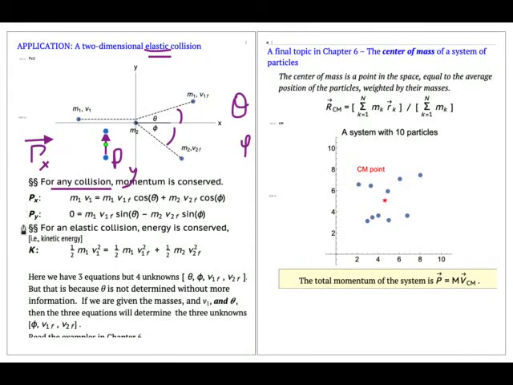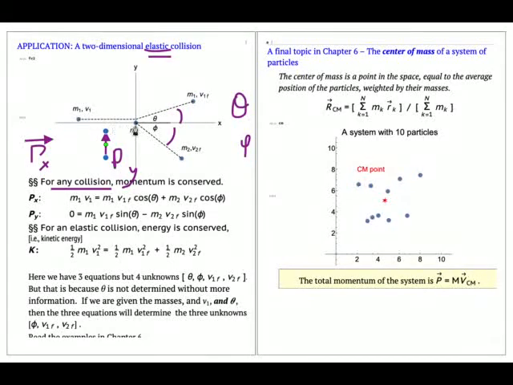So you have three conservation laws, p_x, p_y, and K. Now, of course, K is a scalar. P is a vector, so it has x and y components. All right, here we have three equations, but four unknowns.